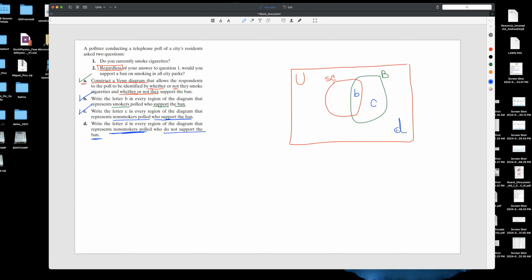So this exercise is a survey problem. It's a little bit different from the one that I gave you previously, because here you are given the data, and you build the Venn diagram that represents that survey and the options given in that survey.